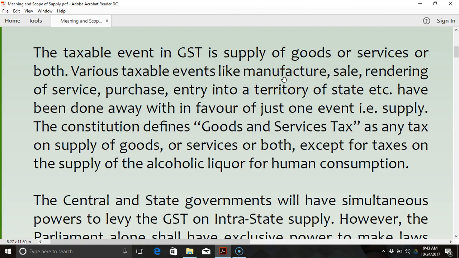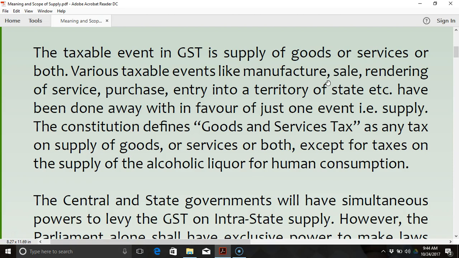In case of VAT, it is a sale of goods. And in case of the Service Tax Act, the taxable event is rendering of service. Then there are purchase, entry into a territory of state, etc. So, we know that under each and every indirect tax act, the taxable event differs.